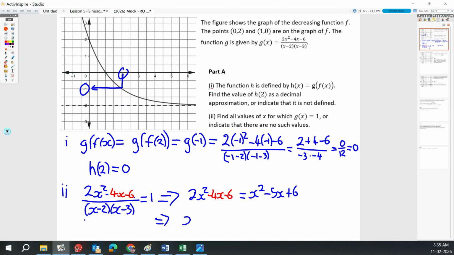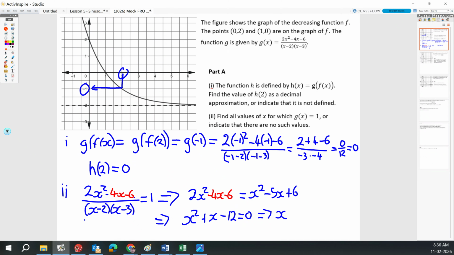And then rearrange it, it's going to give us x squared plus x minus 12 equals 0.